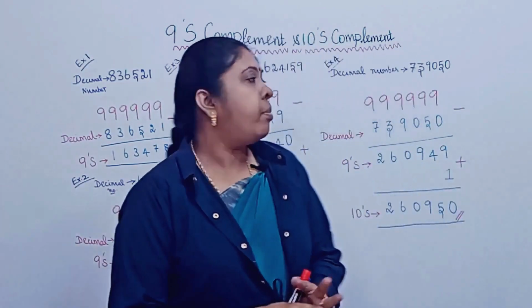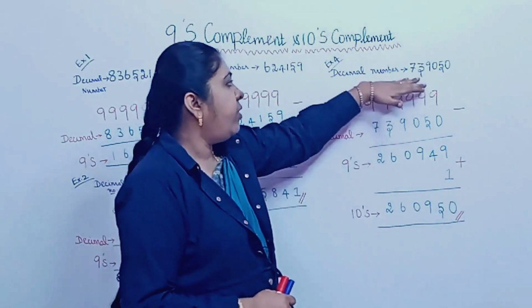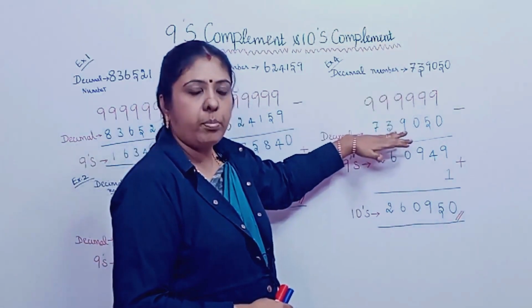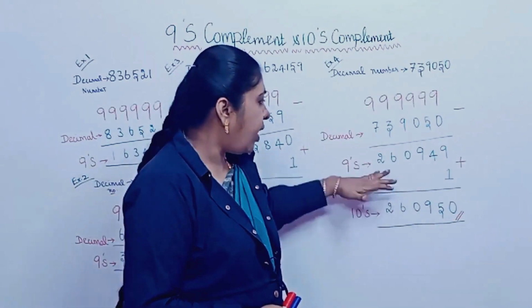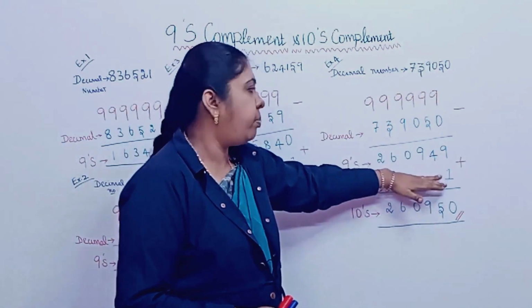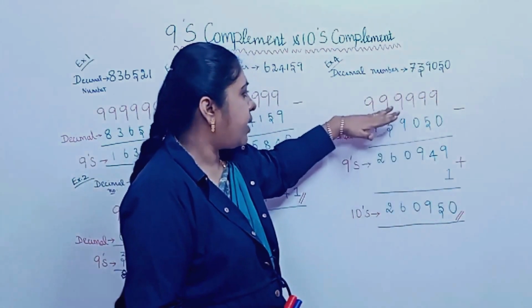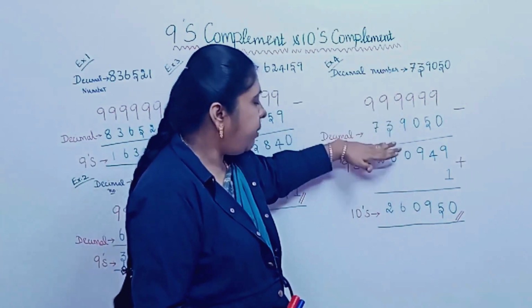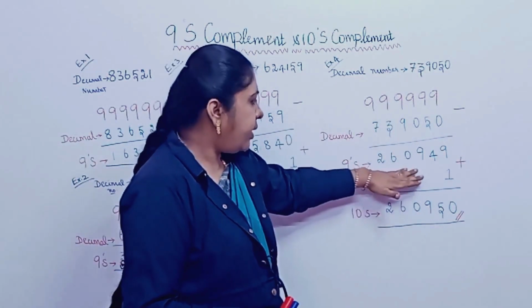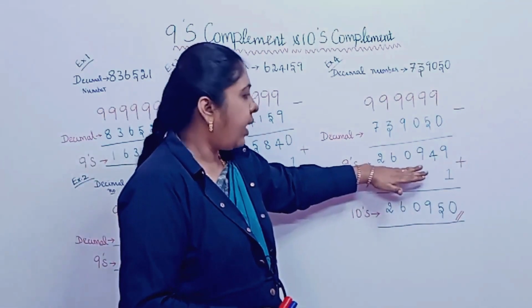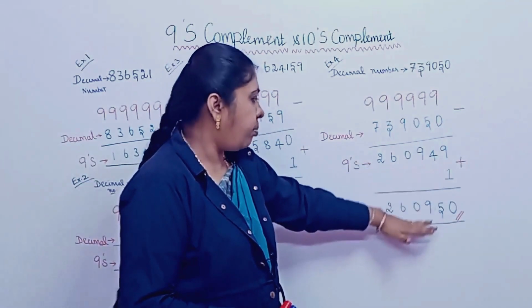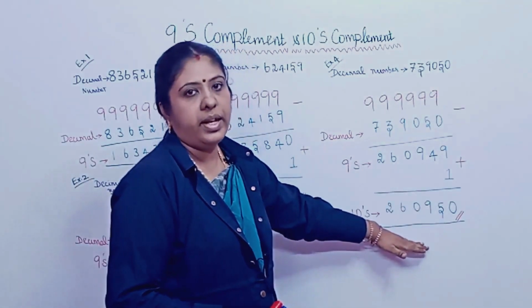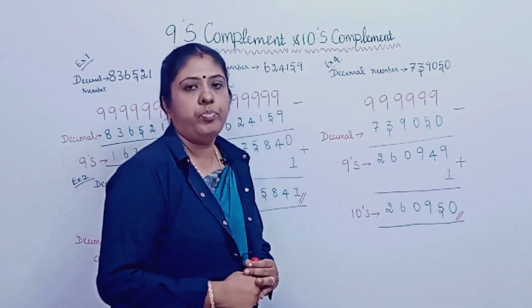For a tens complement number, we first convert to nines complement and then add 1 to the last digit of the nines complement. So subtract the number from 9 to get the nines complement, and then by adding 1 to the last digit of the nines complement, we get the tens complement of the number.